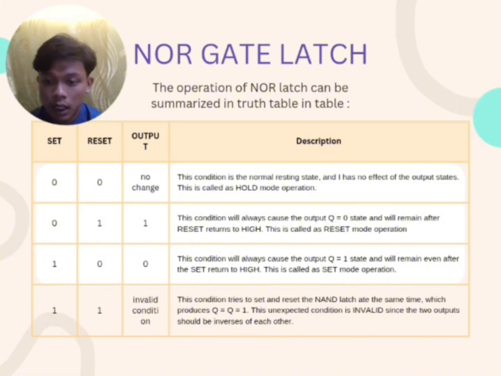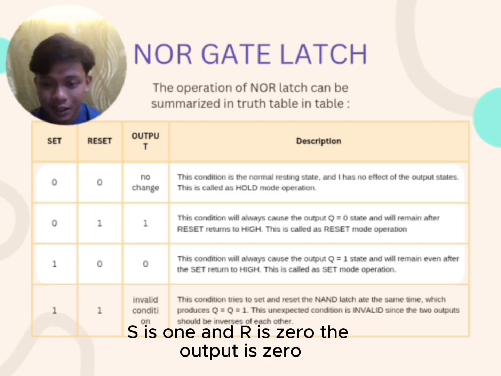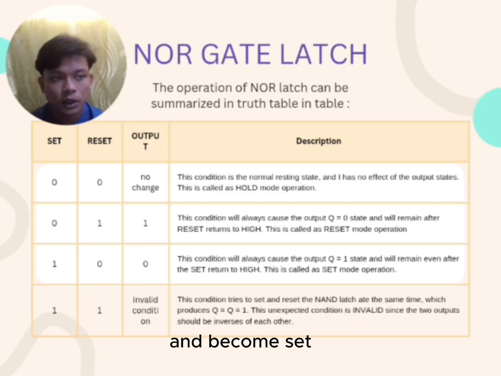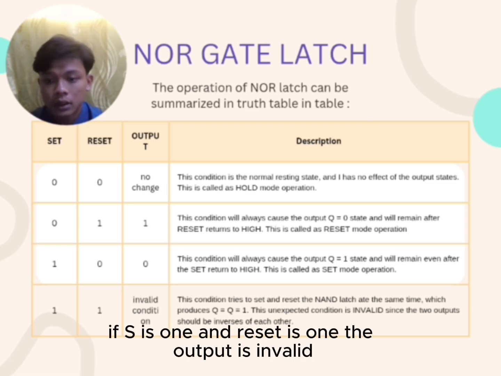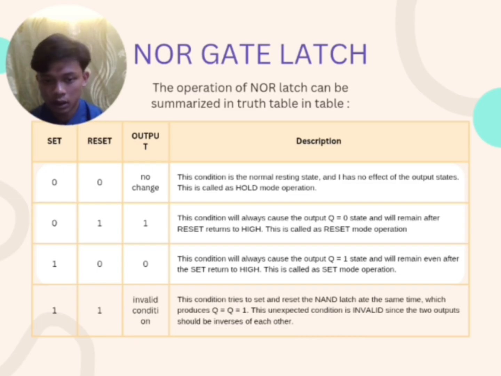When S is 1 and R is 0, the output is 1 and it becomes set. Lastly, if S is 1 and R is 1, the output is invalid, because both outputs become 0.